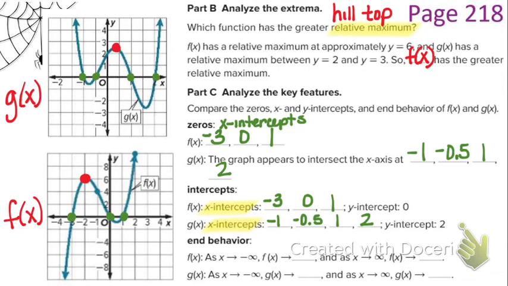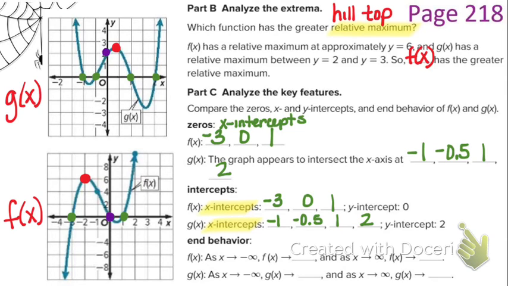Your y-intercept, they already filled in for you. But you have a y-intercept. For g of x, your y-intercept is here, which is 2. And for f of x, your y-intercept is here, which is also 0.